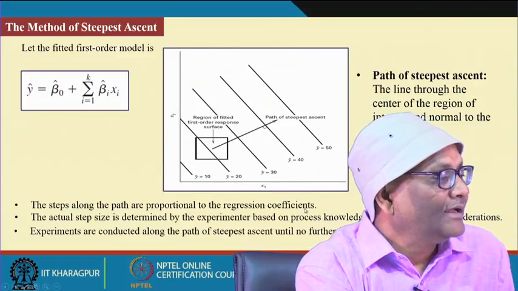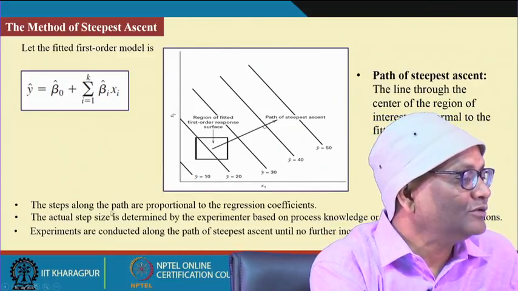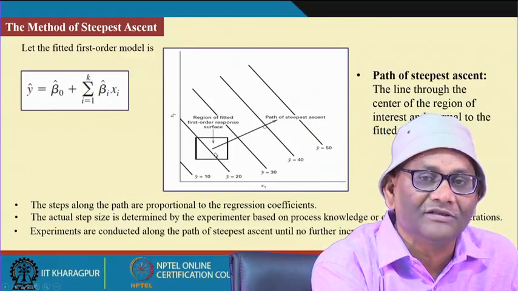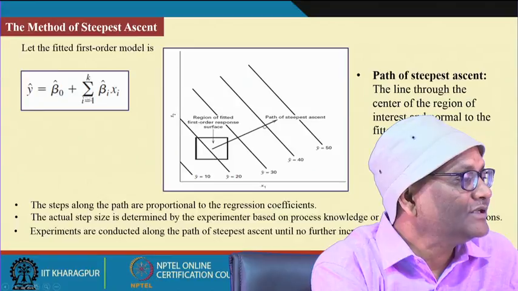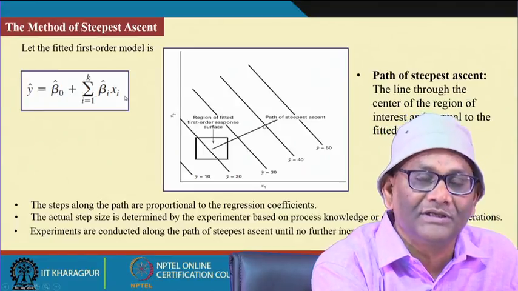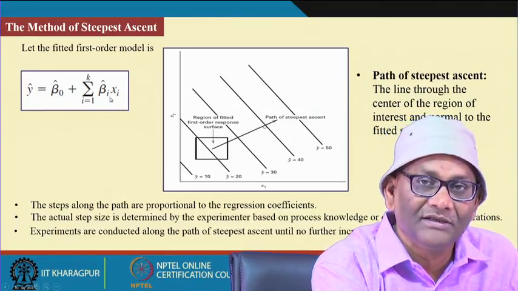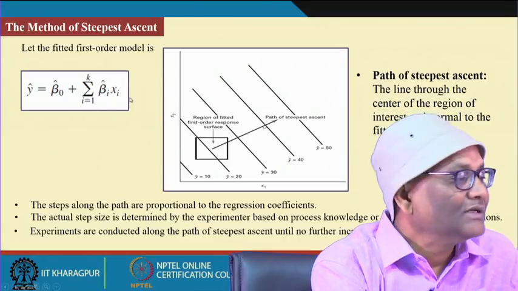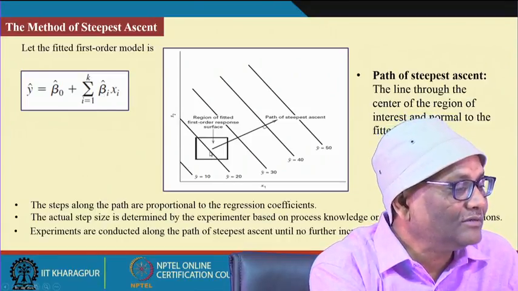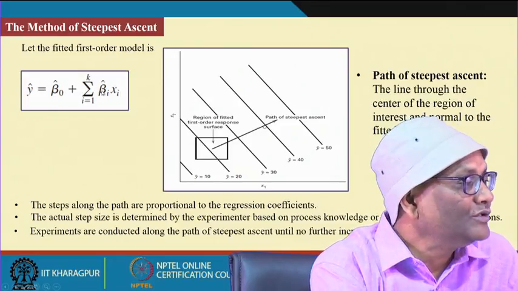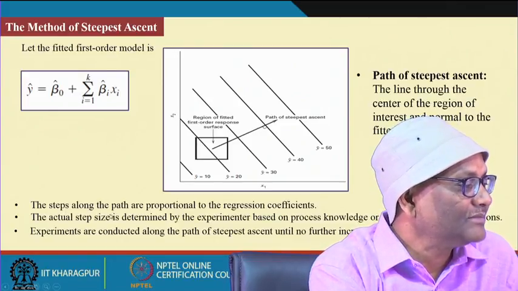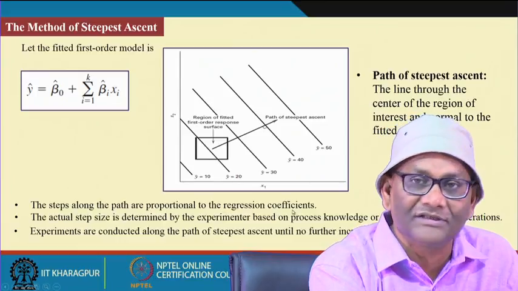Okay. Now, the steps along the path are proportional to the regression coefficients, which is very important. So you have beta 0, beta 1, beta 2, beta 3, like this, beta i and beta j. How do you get this path using the regression coefficients? The concept is, number 1, the steps along the path are proportional to the regression coefficients.